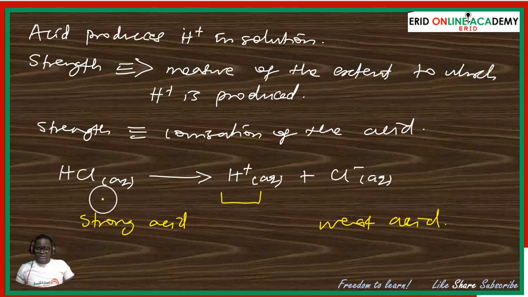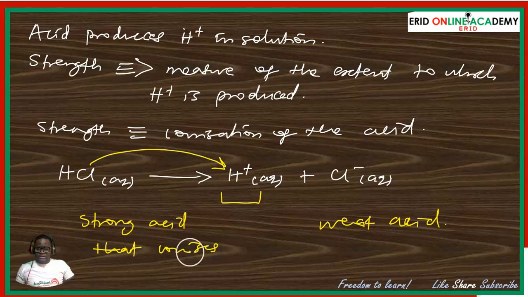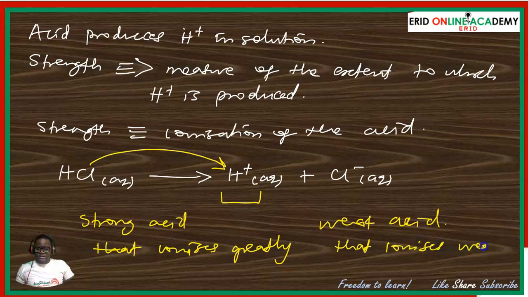If what makes this an acid is the fact that it can ionize, then a strong acid will be one that ionizes very well, that ionizes greatly, while a weak acid will be one that ionizes weakly or partially.